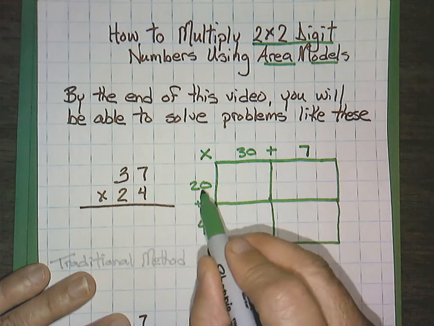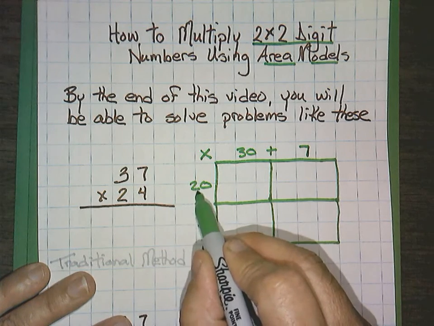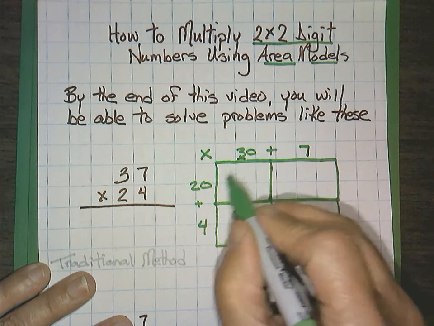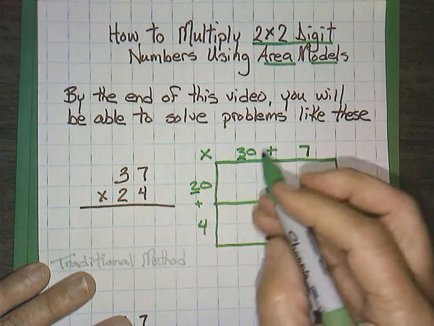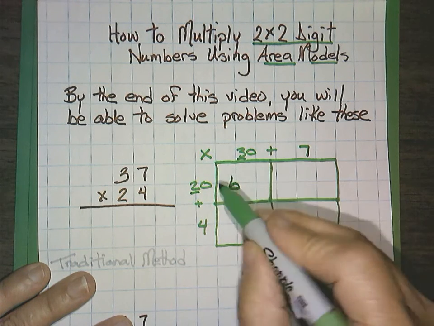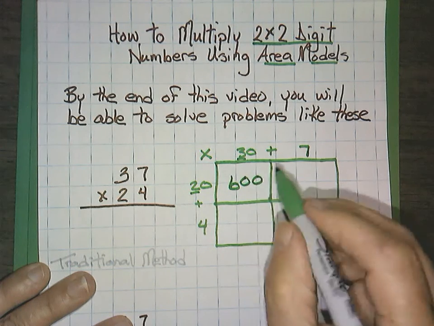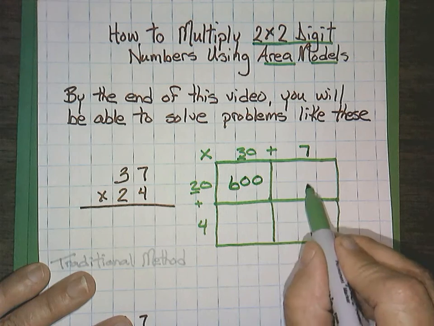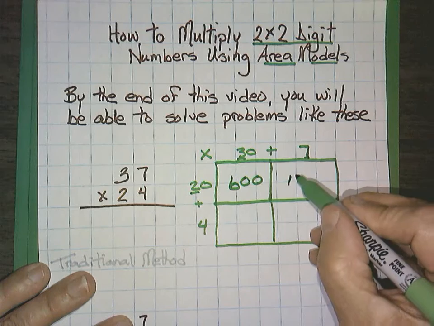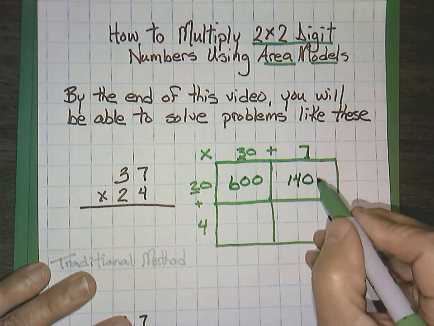So then we would multiply, and any order would be fine. So for example, you would come across, and this would be 20 times 30. You remember in a previous lesson, we said you can just multiply your solids. 3 times 2 would be 6, and then you count your zeros, 1, 2, and then write your zeros. So that would really be 600. 20 multiplied by 7, well, we know that 7 times 2 is 14, and in this case we would have 1 zero, so 140.